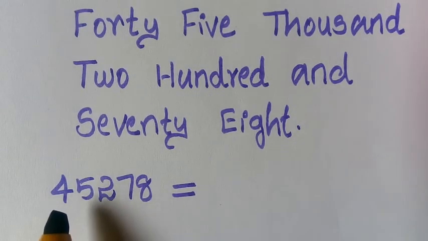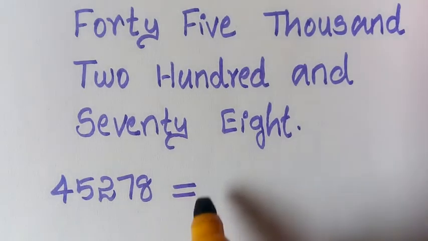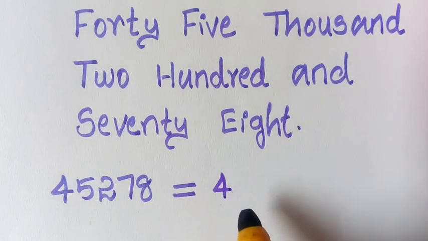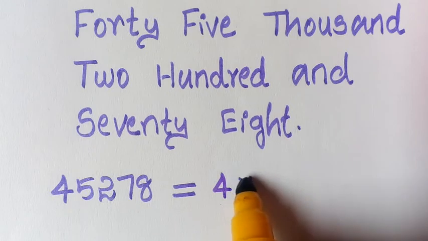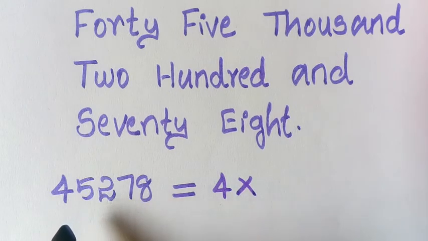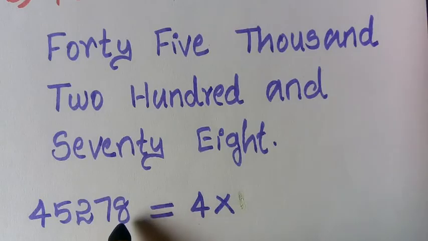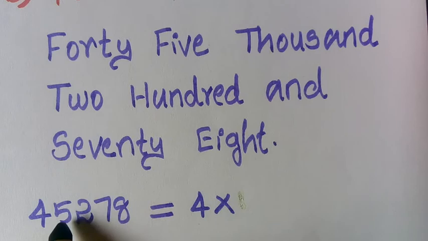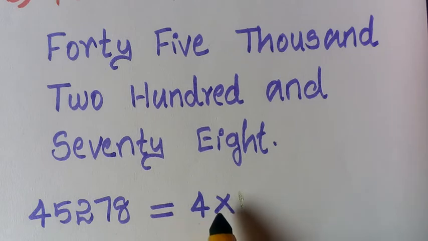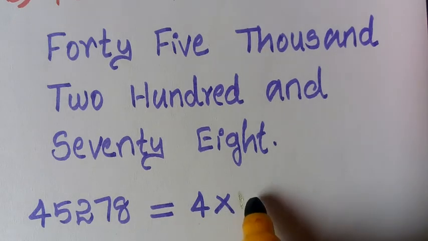Here, the first digit is 4. So you need to write the first digit. Then you need to put into sign. Then you need to write the place value of 4. Already we discussed, 4 is in which place value? Ones, tens, hundreds, thousands and 10,000. So 4 is in 10,000's place value. 4 into the place value 10,000.